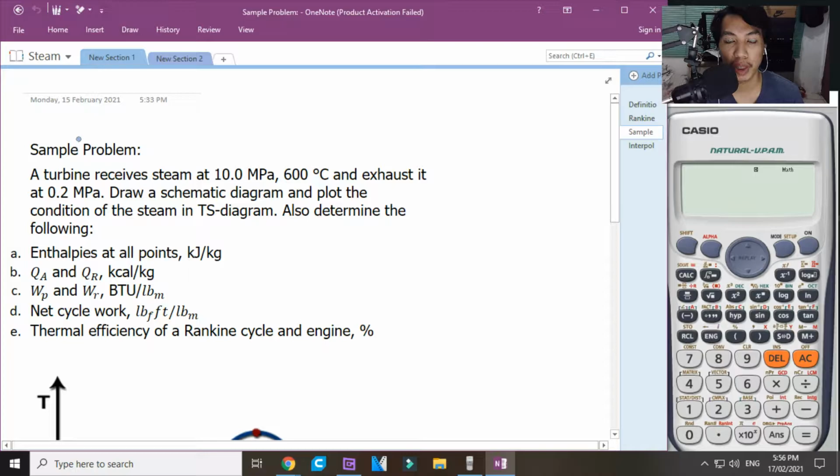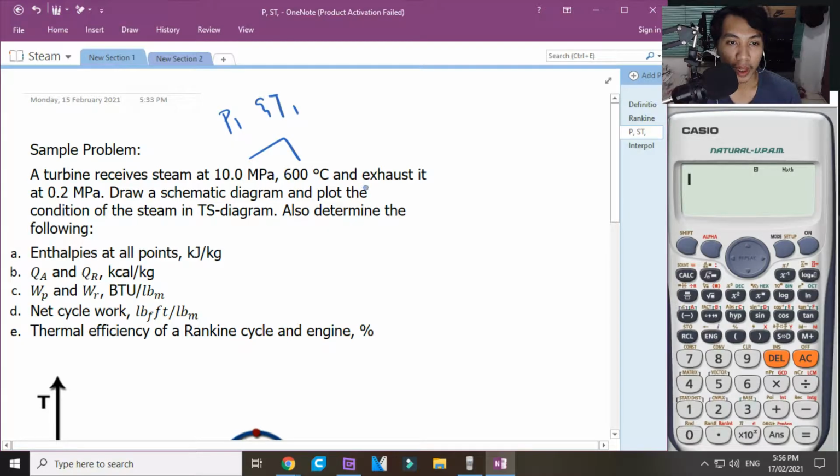Okay, the problem goes like this. A turbine receives steam at 10 MPa at 600 degrees Celsius. So we might say this is supplied by the boiler to your turbine. So this is P1 and T1.